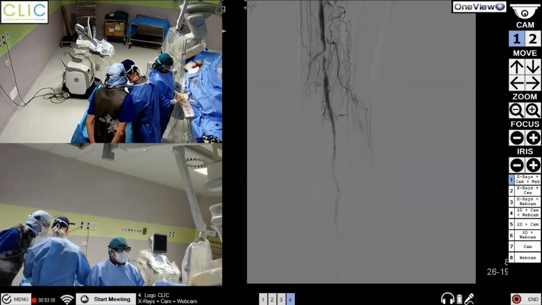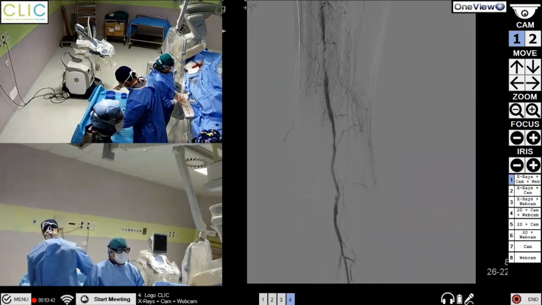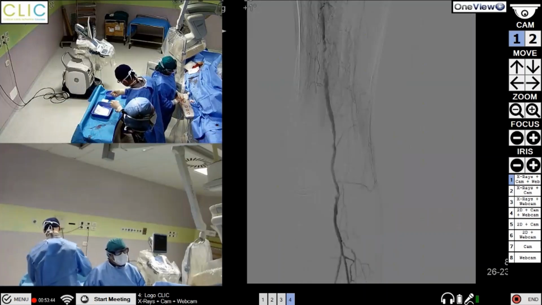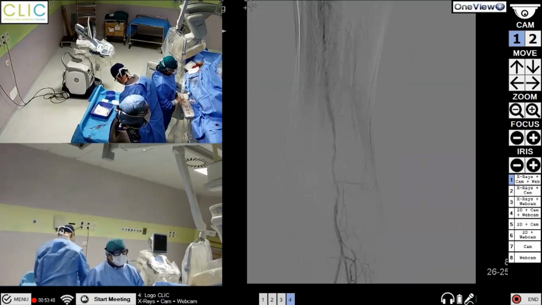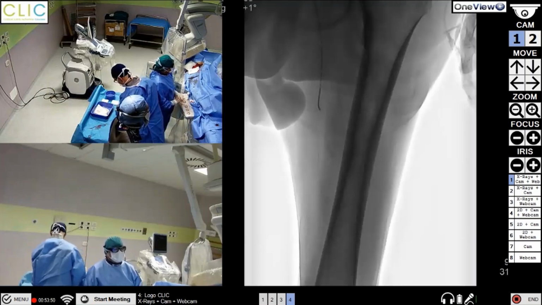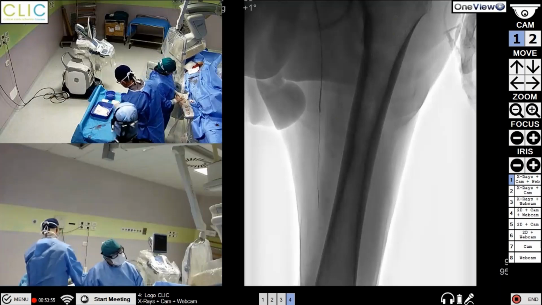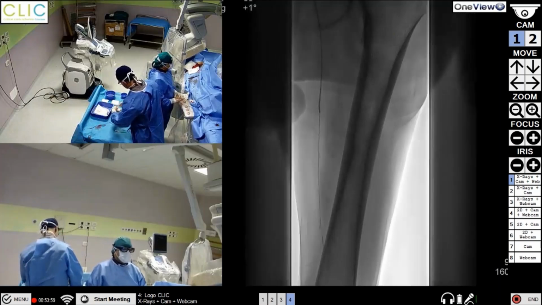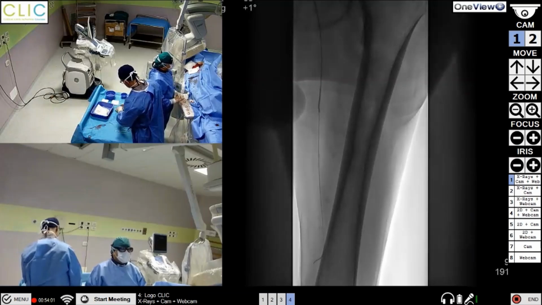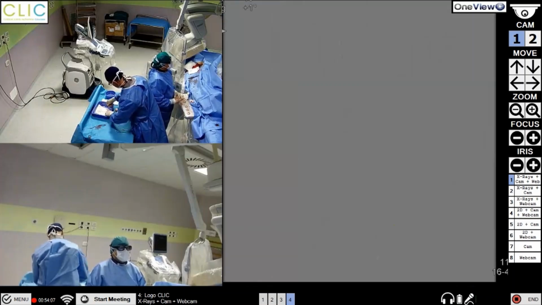You can see the aspect of the popliteal artery, and even the proximal part of the anterior tibial is not completely patent. So we decided to cross the lesion with a 4 French Peristine catheter, usually together with the 1/8 Terumo Advantage wire.